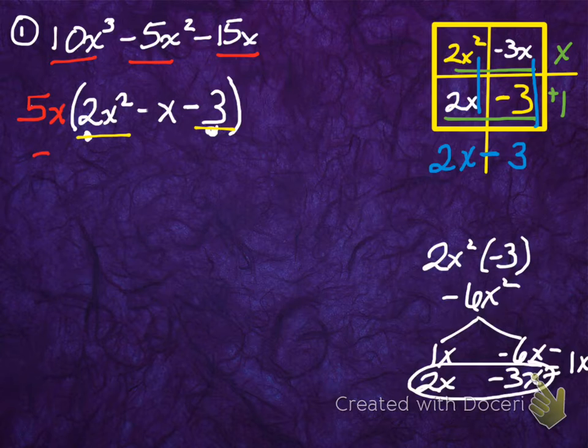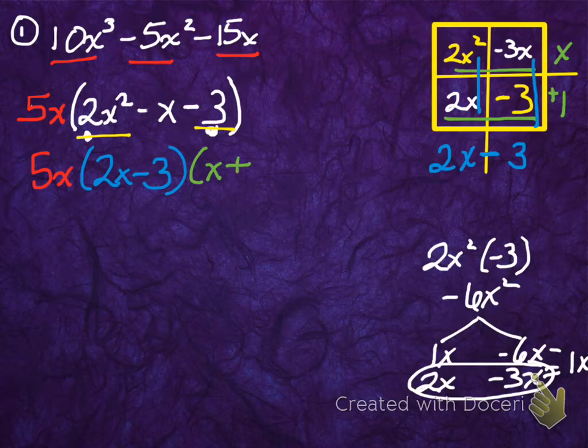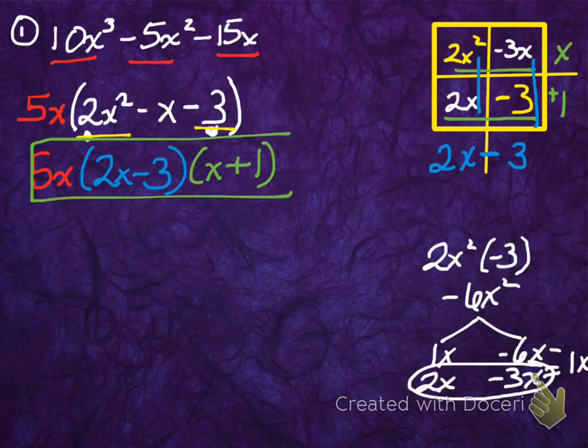So I have the 5x that I originally brought out, the 2x minus 3, and the x plus 1. That is this original problem completely factored. That whole thing is your answer.